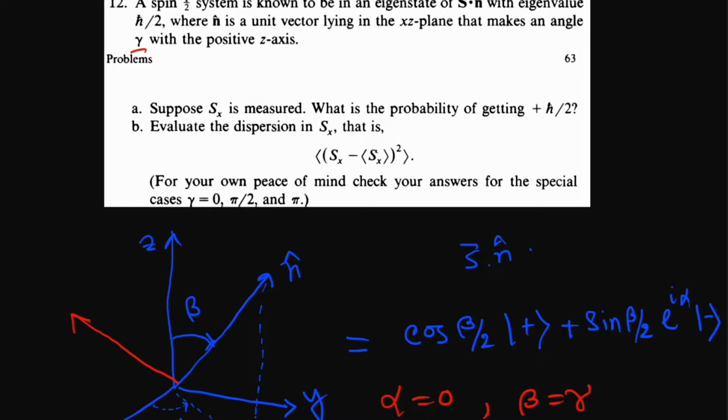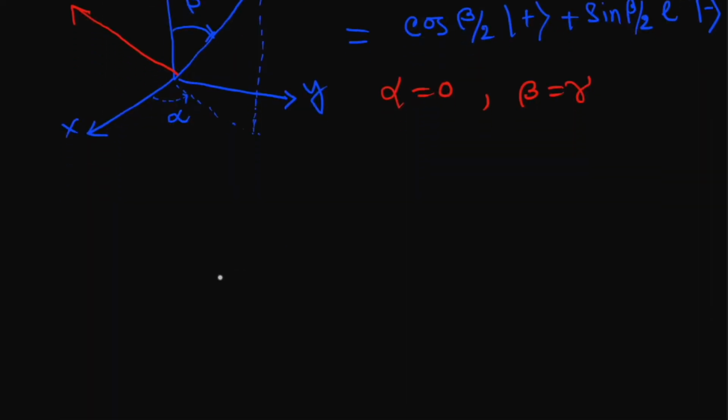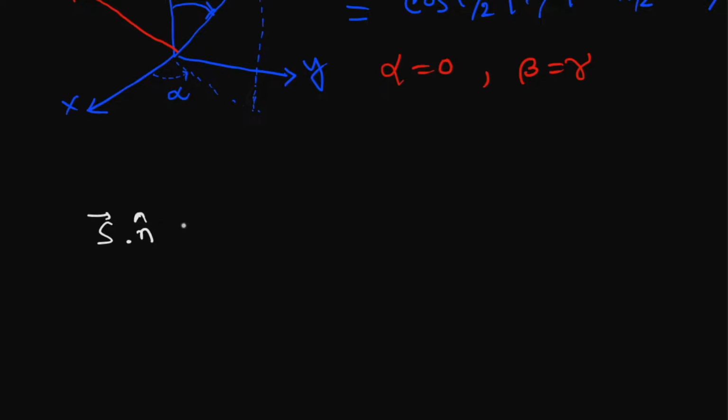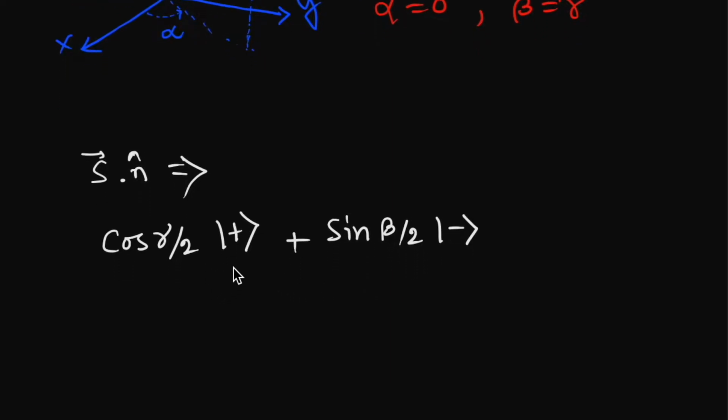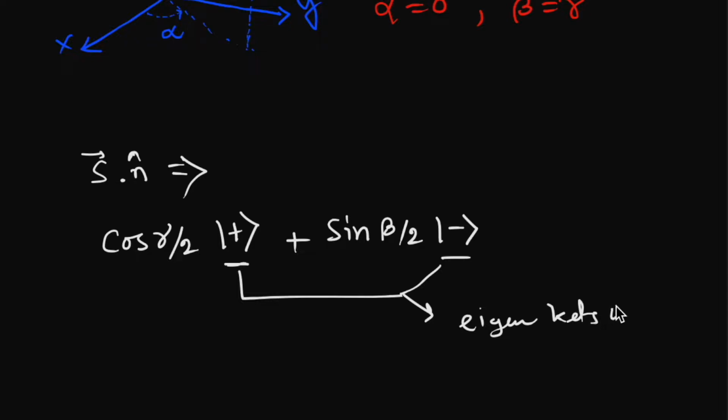So in this question, the eigenstate of the operator S dot n cap is cos gamma by 2 plus ket plus sin gamma by 2 minus ket, where these two kets are the eigenkets of the Sz operator.